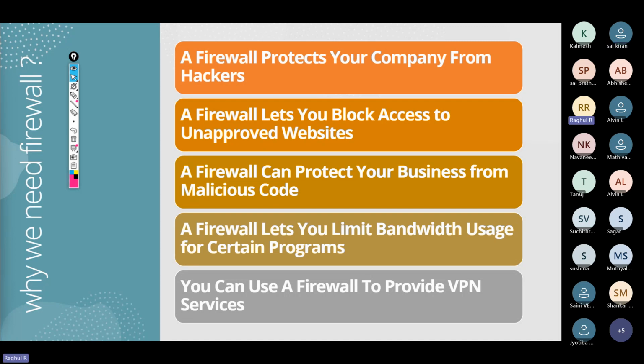IDS IPS has a special brain to find unapproved or malicious code, but here everything you need to define in the firewall. The firewall brain works only based on rules or policies. First, we need to implement the rules in the firewall, whereas in IDS IPS, it will automatically implement it.